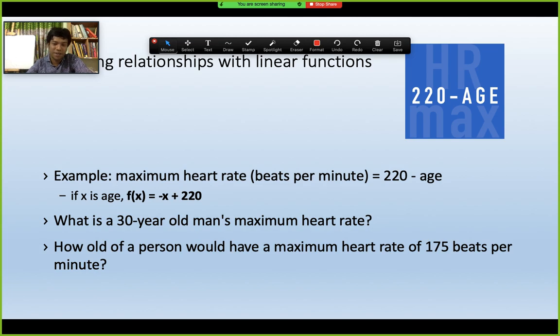Let me give you one example. Let's say we said that a 30-year-old man's maximum heart rate is what? You are supposed to put 30 here and do the calculation. After the calculation, is it possible that your answer is, suppose, 1560? That answer is not possible. One way to see it is that this is a typing mistake.